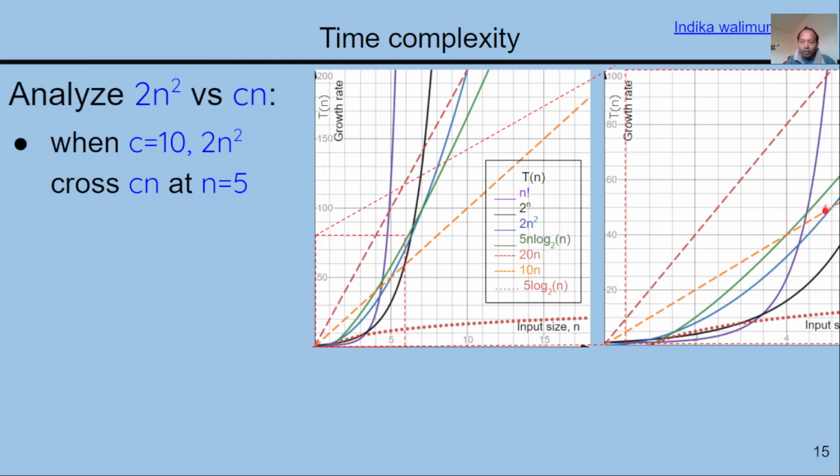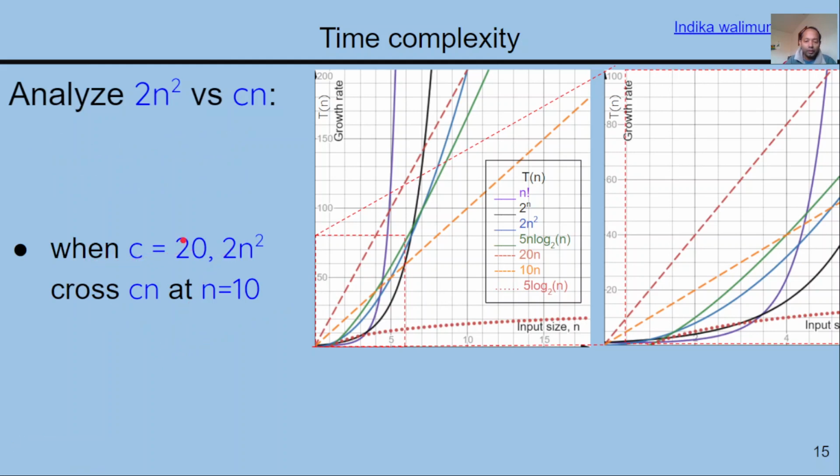When c equals 20, which is this graph, earlier it was this one, c equals 10, and now it's c equals 20, so this is a linear graph. So 2n to the 2 crosses at n equals 10. If I go here, right here, it crosses. The blue graph is 2n to the power 2.